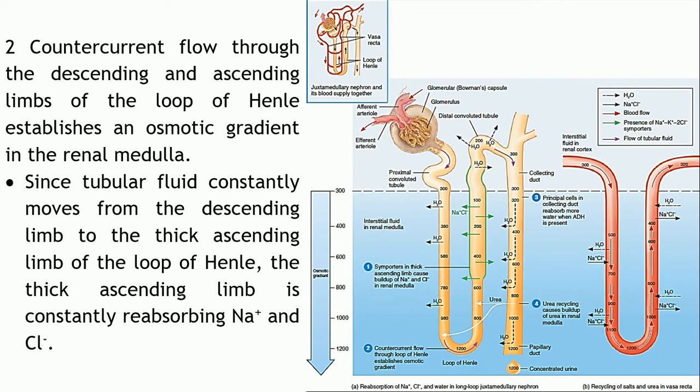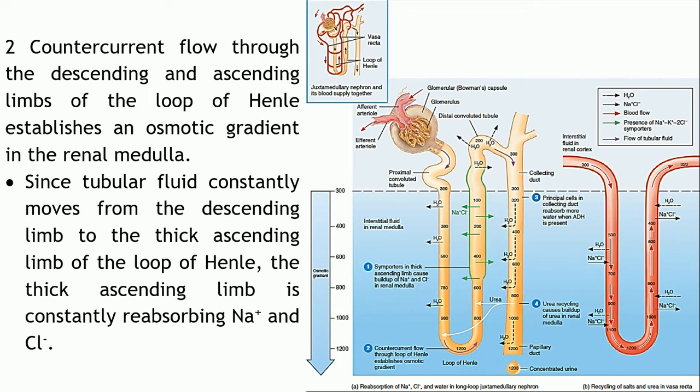The osmolarity is increasing over here due to the build-up of the sodium and the chloride in the interstitial fluid. Now there is a countercurrent flow, right, through the descending and the ascending limb of the loop of Henle. So this actually helps in establishing the osmotic gradient over here.